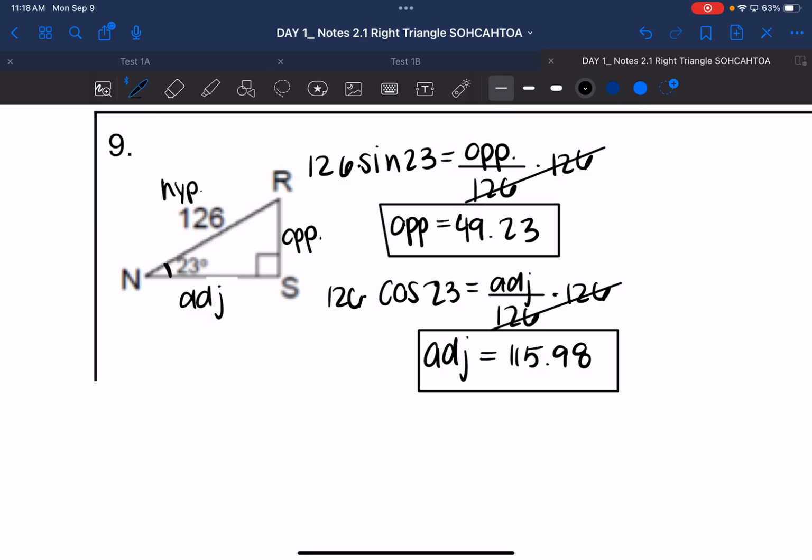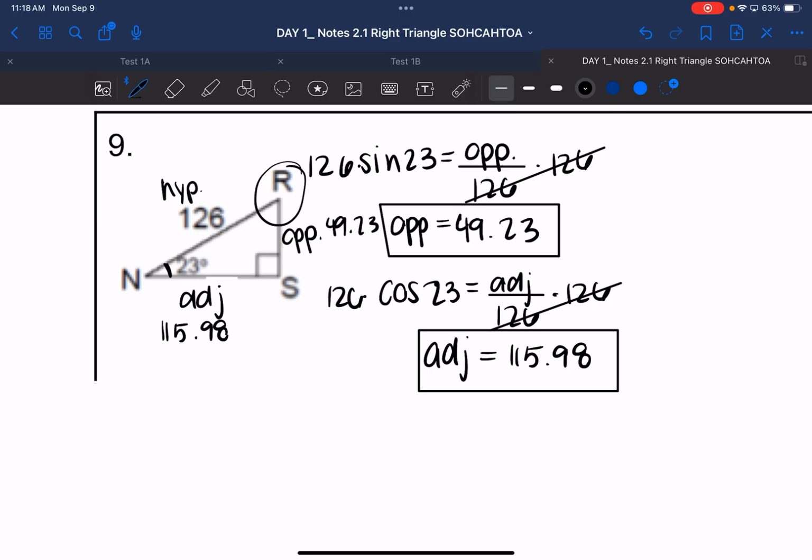And then the only thing missing now is this angle R, right? Well, now we do know the opposite side right here is 49.23. And I do know my adjacent side, 115.98. So now that I know all 3 sides, I could use any of those trig ratios. Sine, cosine, tangent, whichever one you want, okay?